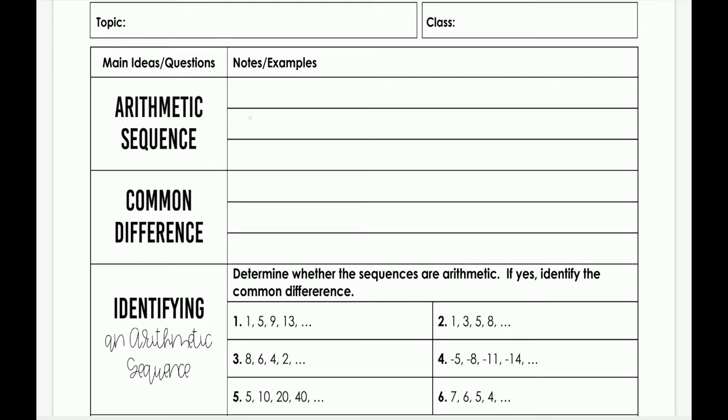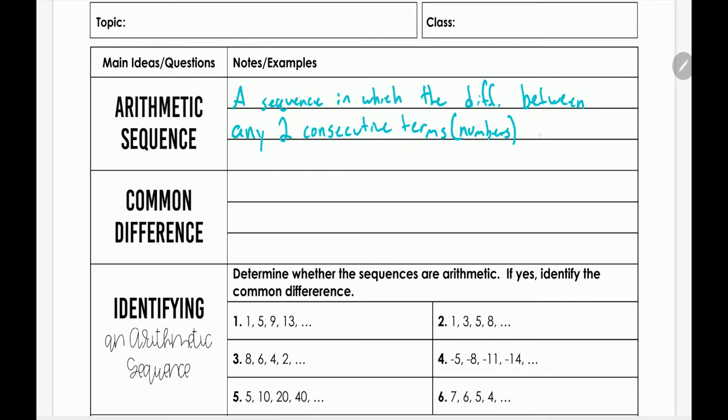An arithmetic sequence is a sequence in which the difference between any two consecutive terms, and by terms I mean numbers, is constant.